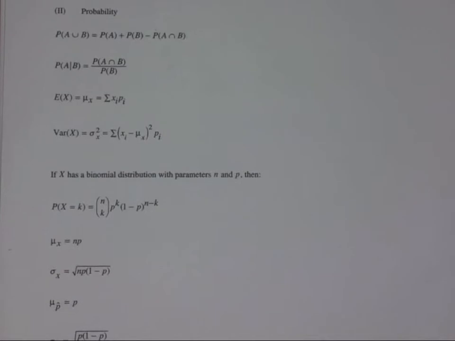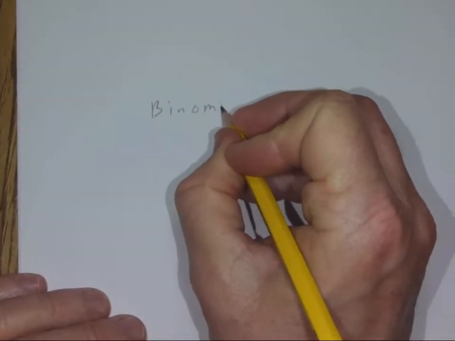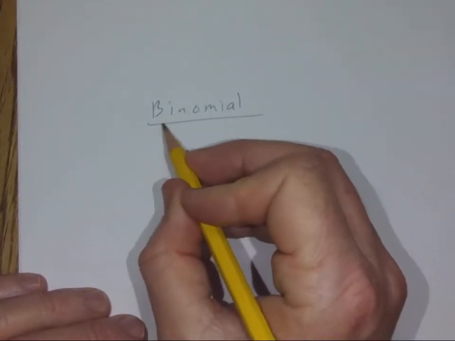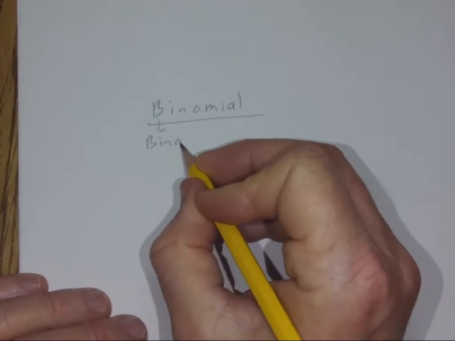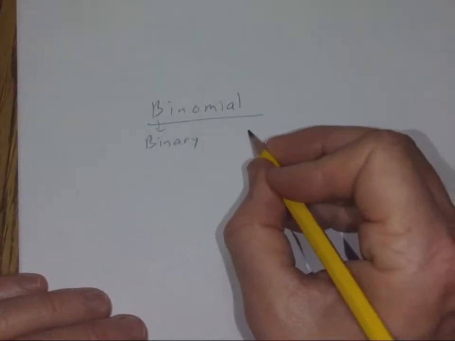So the first thing I want to talk about is how do you recognize a binomial problem? How do you know something is binomial? The first thing is, you can use the acronym BIN. First of all, it has to be binary. It's got to be a success-failure situation. And so we'll have some proportion.